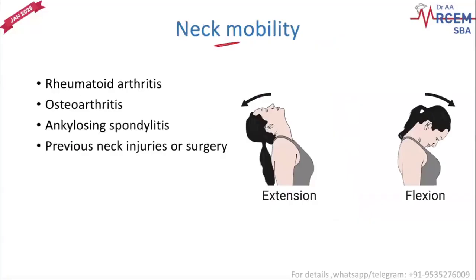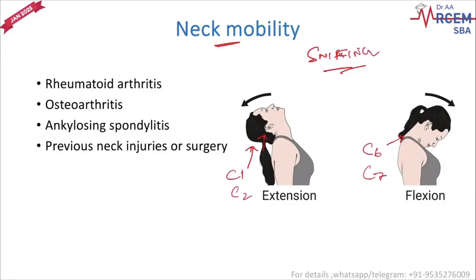Neck mobility. Whenever you are trying to intubate a patient, you want them in an ideal position. The ideal position is known as the sniffing position. I will be talking more about the sniffing position in upcoming slides. Basically, you want the patient to hyperextend the neck at this level and flex at this level. That means hyperextend at C1 and C2, and flex at C6 and C7.